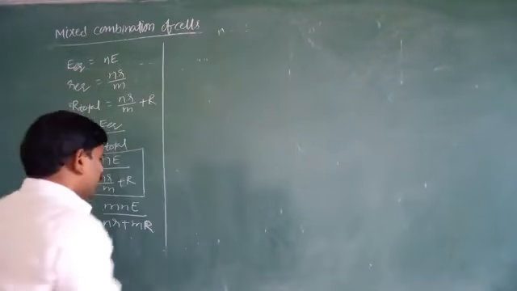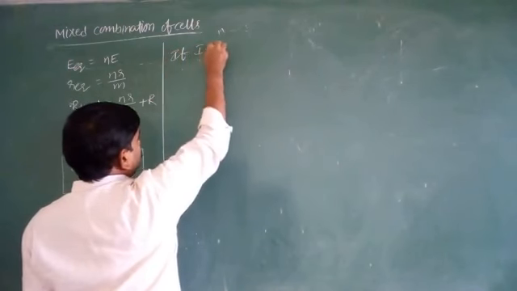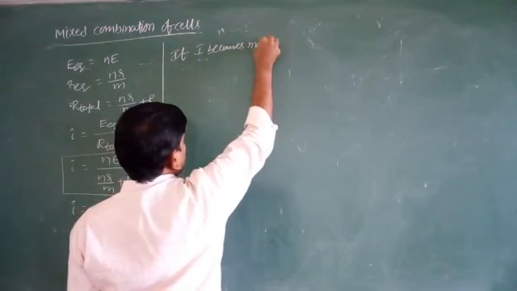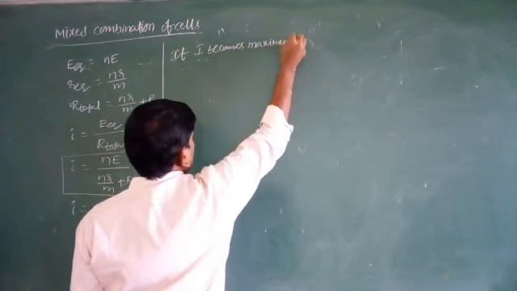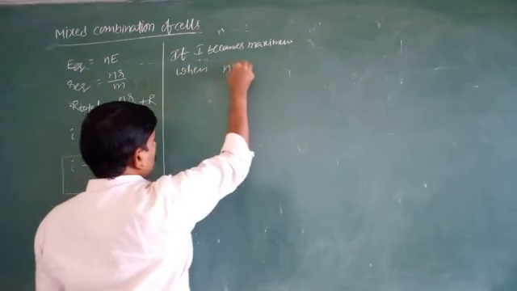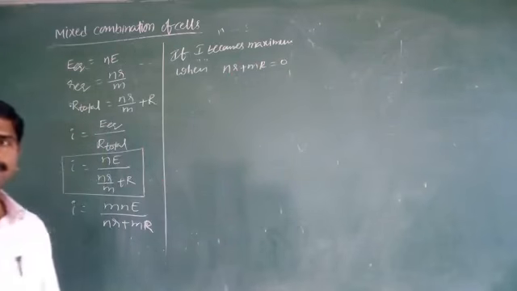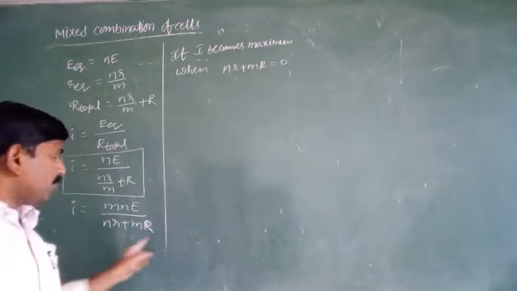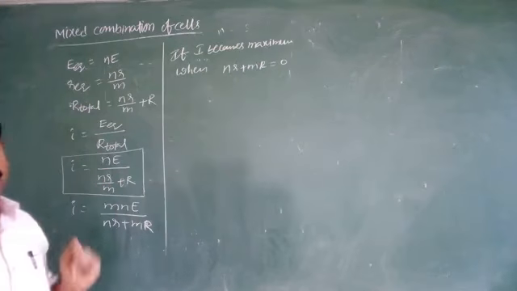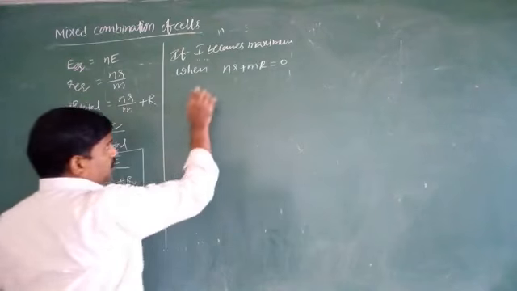So, if I becomes maximum, when nr plus m into capital R is equal to 0, this denominator term becomes 0, then the total current becomes maximum.